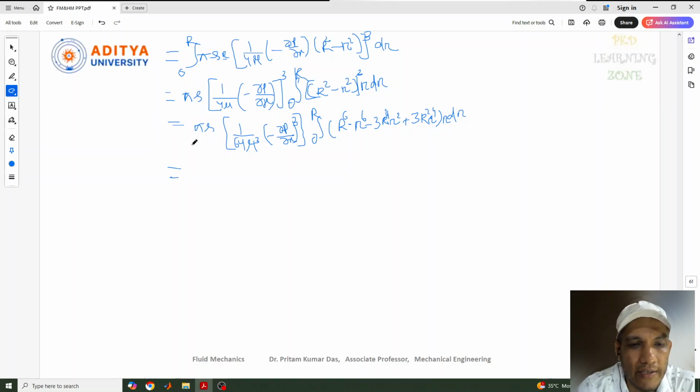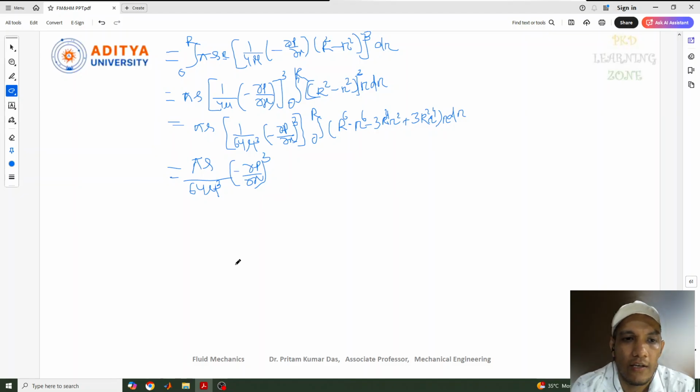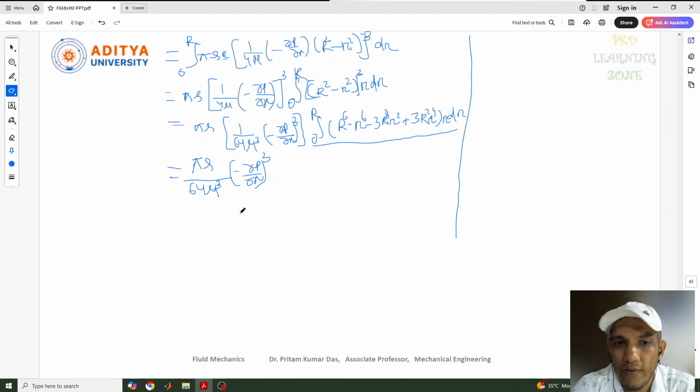Now again we can write this value, let us finish it this way: pi into rho divided by 64 mu cube, whole bracket, and just use this value, del p by del x whole cube. So this is the term, and there is nothing to reduce in this value, so now we need to focus on the other part. First I'll solve this part here, and the final value I'll write here.